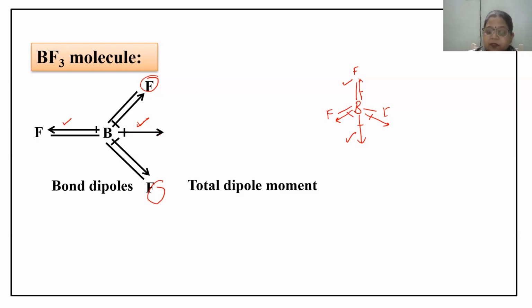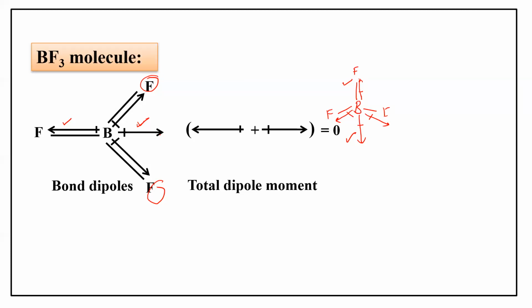So the total dipole moment of this molecule will become 0. Is it clear to all of you, Ritika, Shweta, and Ananya? Yes, ma'am. If it is taking you some time, please go back to the VSEPR theory topic, where we discuss the geometries of the molecules.